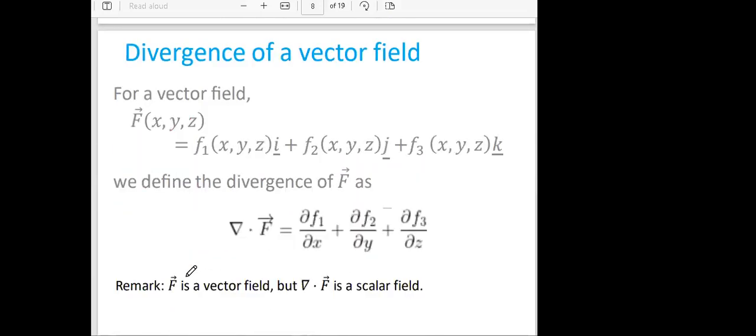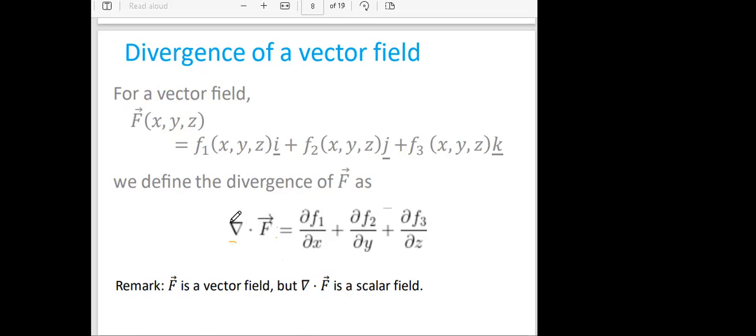The other tool, which is very important, is the divergence of a vector field. Let's consider a three-dimensional vector field with the first component, the second y component, and the z component, right? The divergence is defined as follows. This is the notation: the gradient operator dotted with the vector field f.